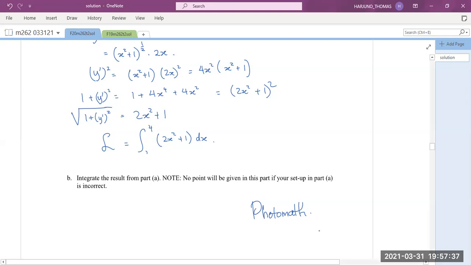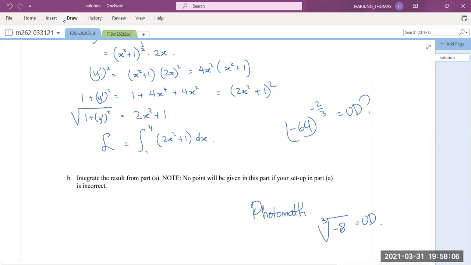So for example, if you put in cube root of -8, it will call that undefined. I saw students use this, like -64 to the power of -2/3. They called that undefined. I was like, no, that's not undefined. That's a positive number. You can just compute it.